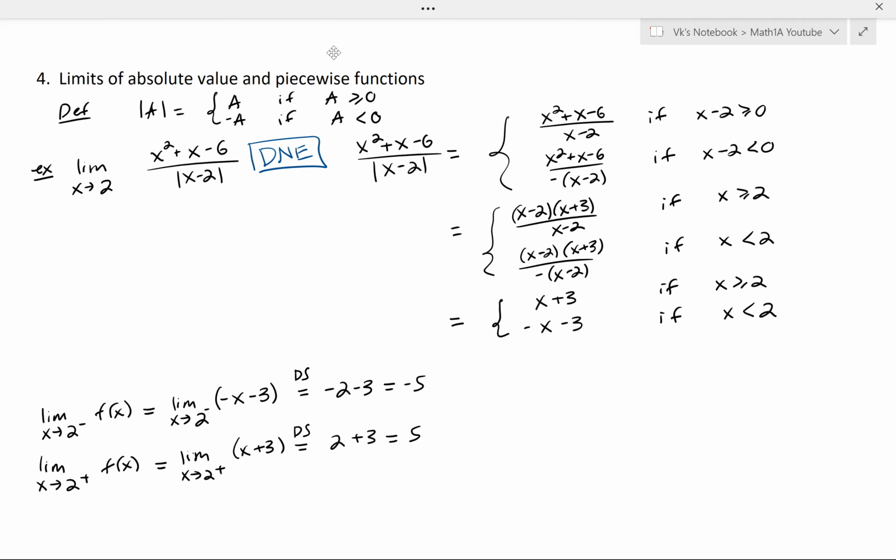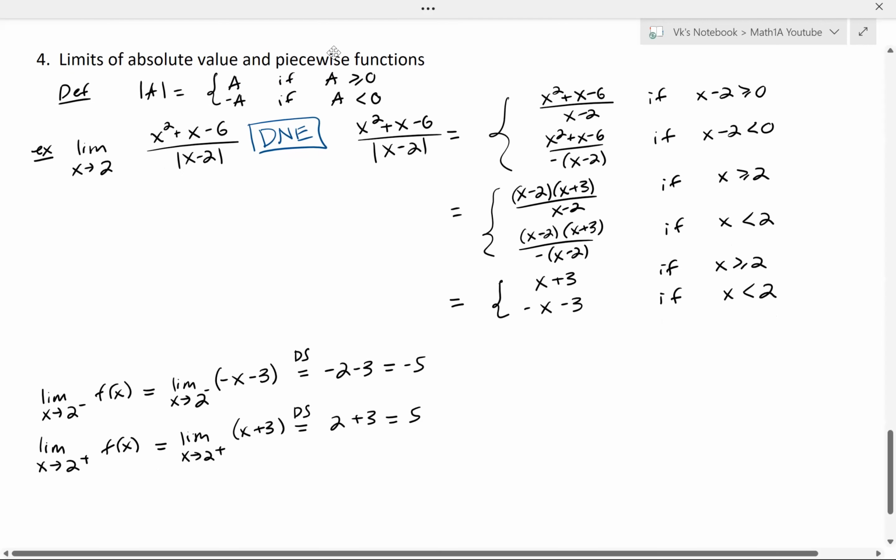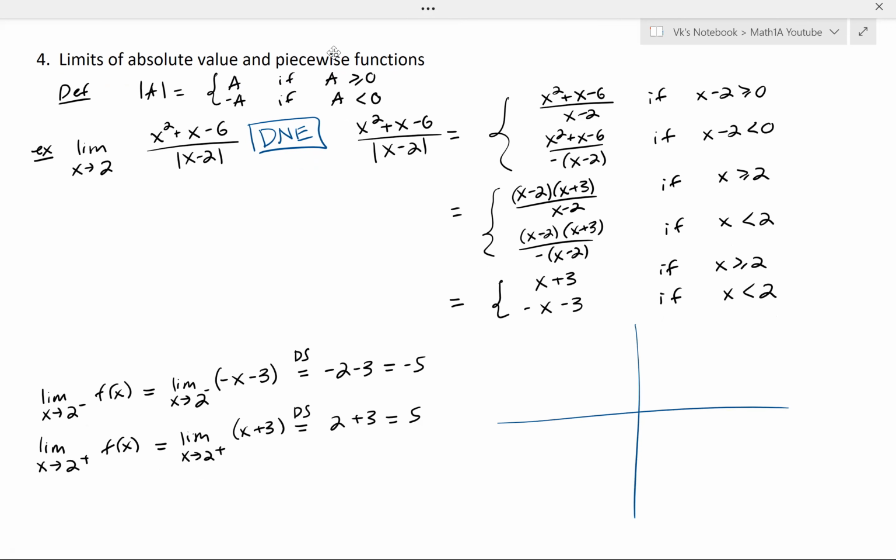The cool thing about figuring out the limit is that it allows us to sketch the absolute value function. We can actually sketch it. X, y. So as x approaches 2 on the left side, the output is negative 5. And because x does not equal 2 on the left side, we use an open circle.